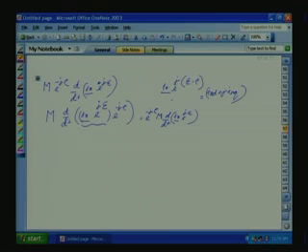Then we will differentiate with respect to this one, that is minus j omega rho, m into IR e raised to j epsilon minus rho. Okay.